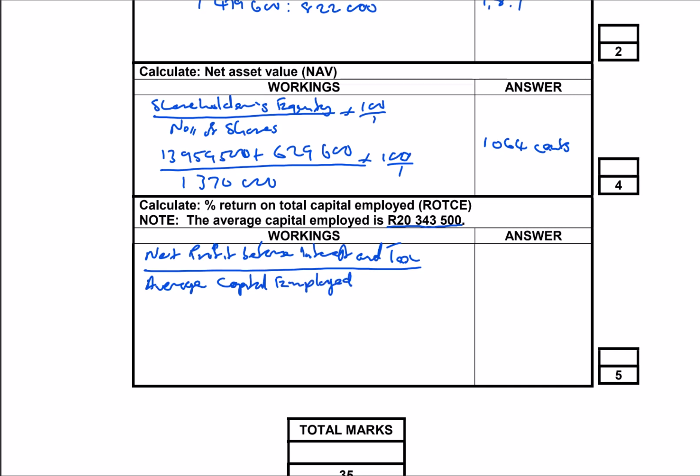Capital employed is basically shareholders' ordinary share capital plus non-current liabilities. You find the average, but here we're given the average.